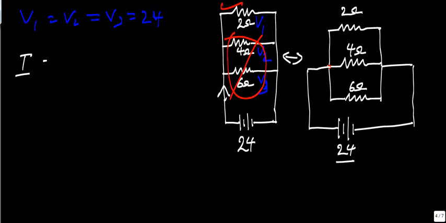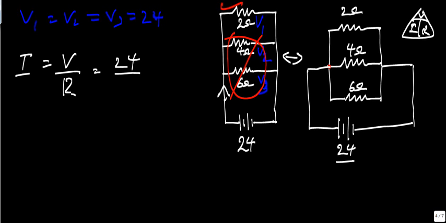I equals V over R. If you ever forget, this is the triangle: V, I, R. So V over R. How much is V? We definitely know, that is 24. And R is 2 ohm. So it will be 12 amperes. 12 amperes is the current flowing through this resistor here.